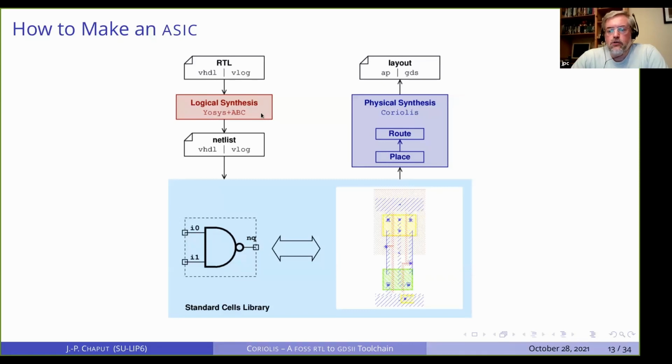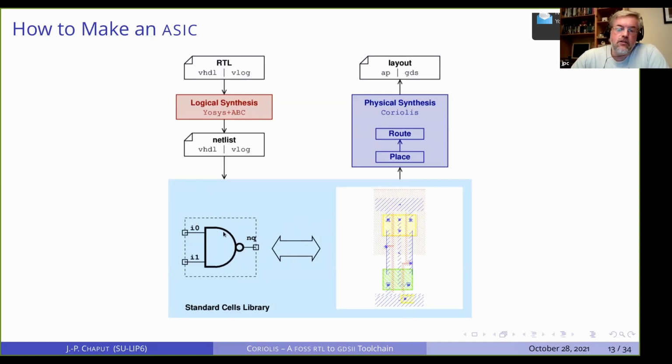Then you run Yosys, which will use the standard cell library to create a netlist. The standard cell library is the blue part at the bottom. So Yosys uses that to create a netlist which is built only upon those standard cells. And those standard cells have the main property of being exchangeable with layout. They have a layout counterpart.